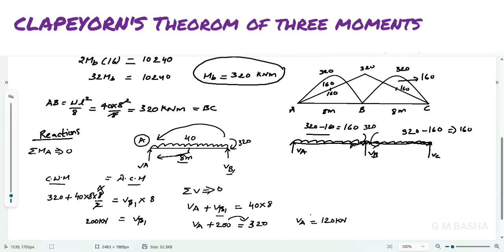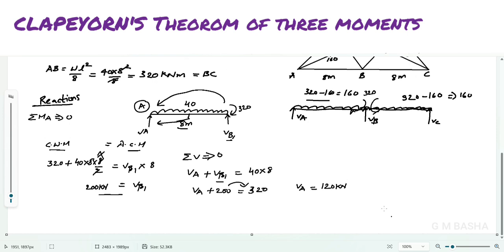Vertical load is coming at A. And what about this VB1? 200 kilonewton reaction will be coming at B. And in the next step you will take VB and the BC span. I will show you how we will take.